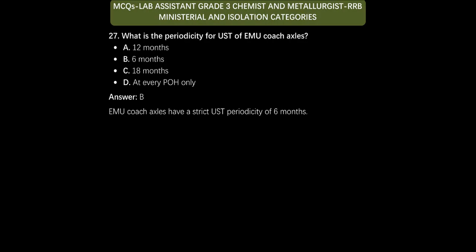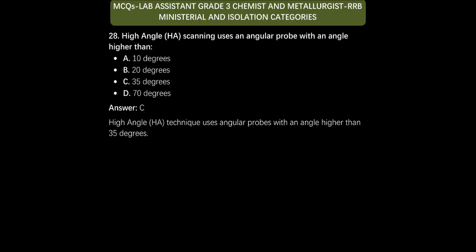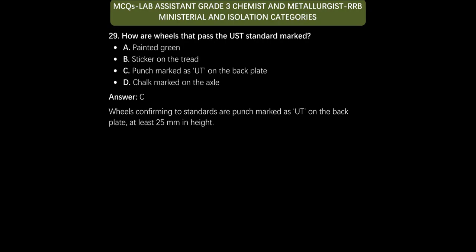What is the periodicity for UST of EMU coach axles? Option B, 6 months. High angle scanning uses an angular probe with an angle higher than, option C, 35 degrees. How are wheels that pass the UST marked?